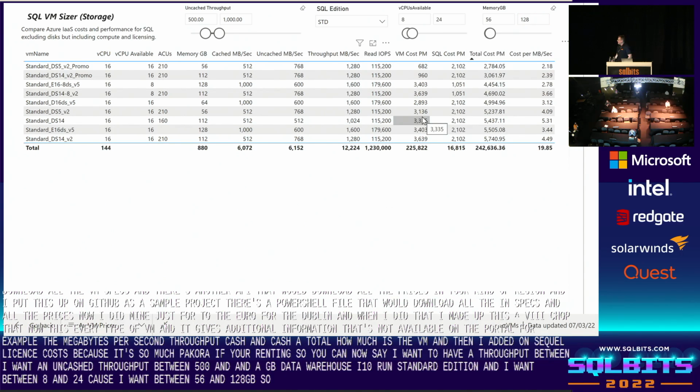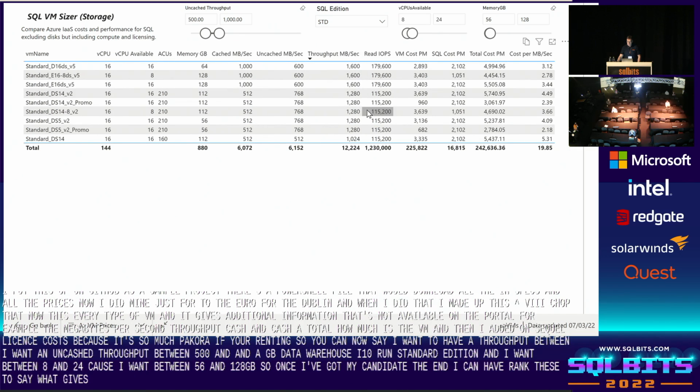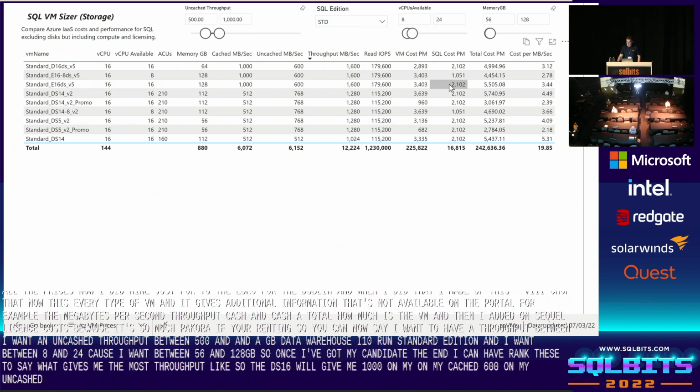So once I've got my candidate VMs, I can now rank these to say, well, what gives me the most throughput, right? So the DS16 will give me 1,000 on my cached, 600 on my uncached, and the cost will be like this.